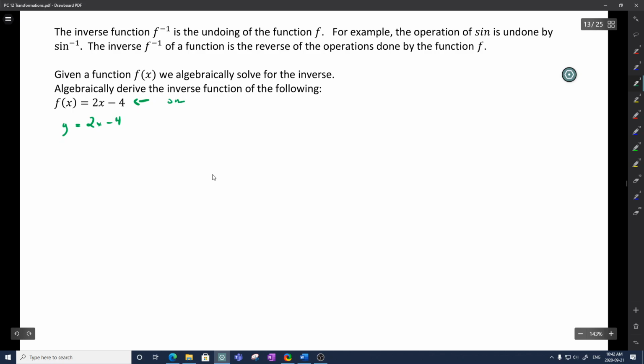This is 1 to 1, because it's a linear function. My first step, really, now it's interesting because what did we do for every point? Wherever x was, we switched it to a y. Wherever y was, we switched it to an x. And that's exactly what we do in algebra.